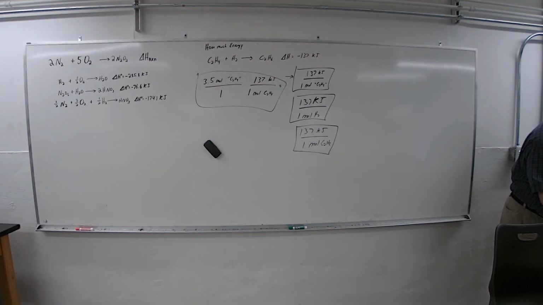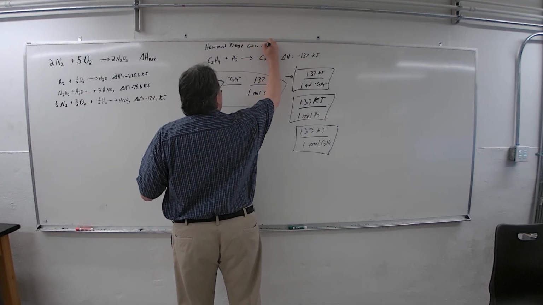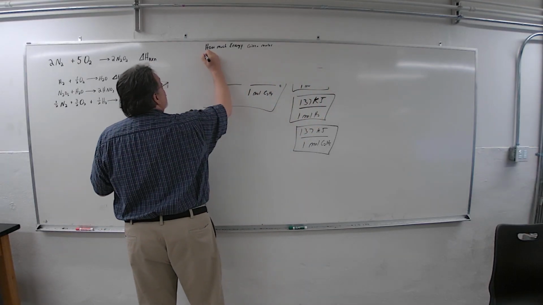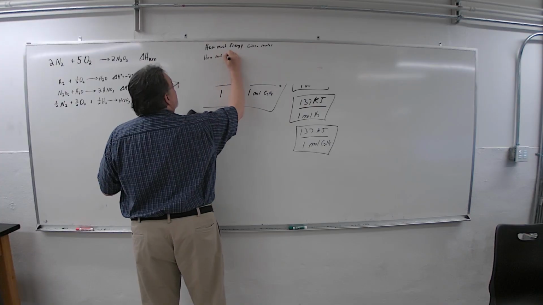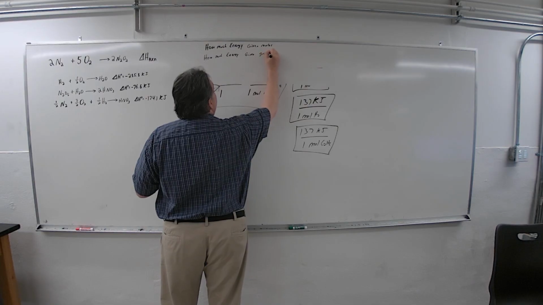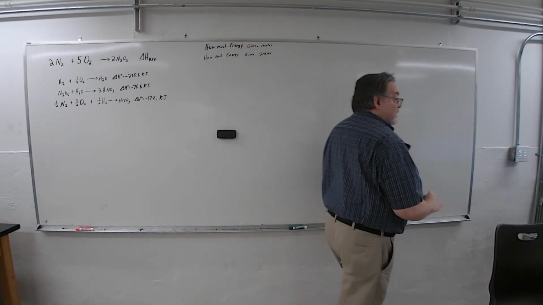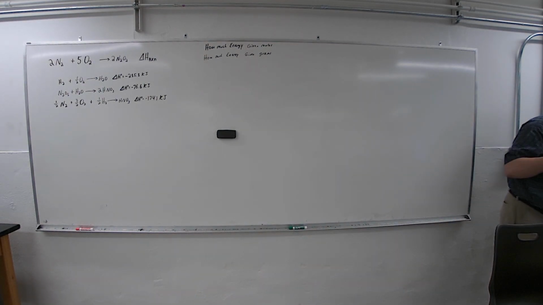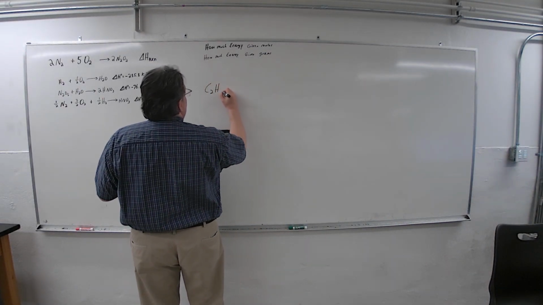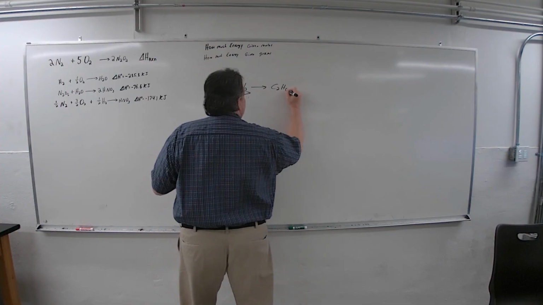How many kilojoules are released? Given moles. The next one I've got here is given grams. So this next one is saying, right here, you have C2H4 plus H2 plus C2H6.